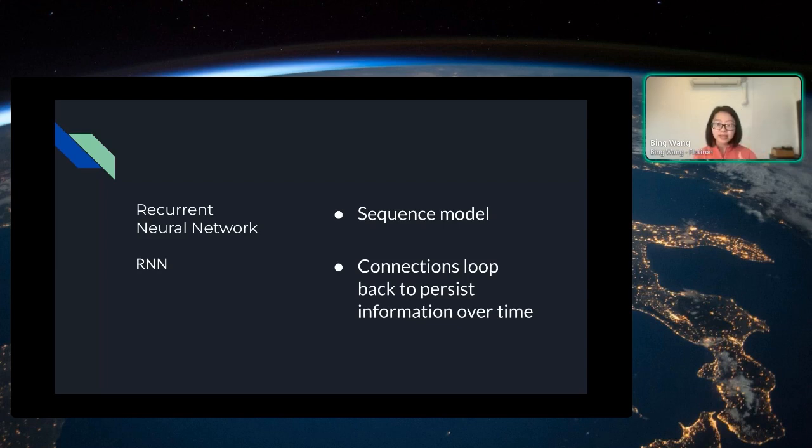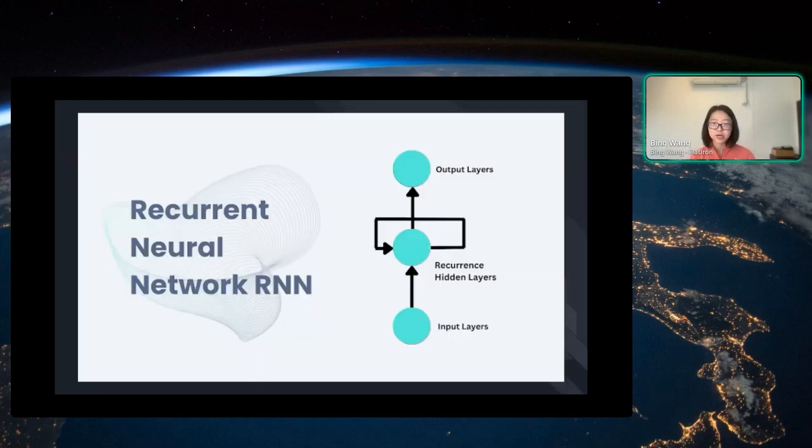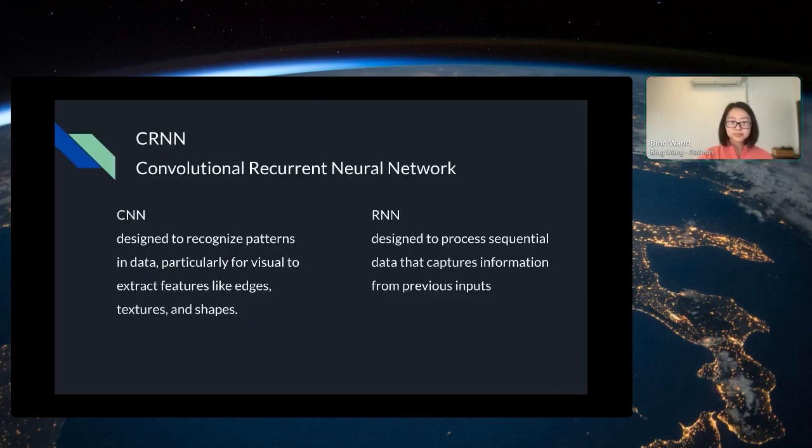The sentence you say at the very beginning of a speech may have an impact on the message that you're trying to deliver across the entire speech. So the neurons in this network have connections that can loop back to preserve the information across different time frames. So that's RNN. So CRNN is a combination of both types of neural network.